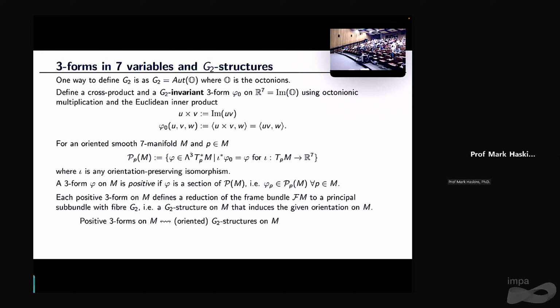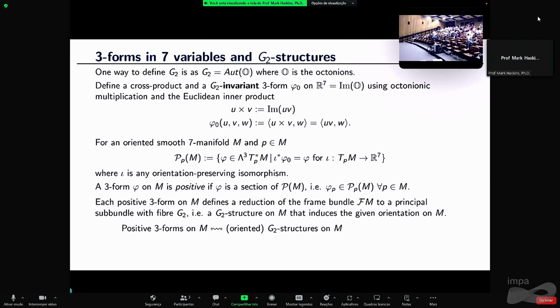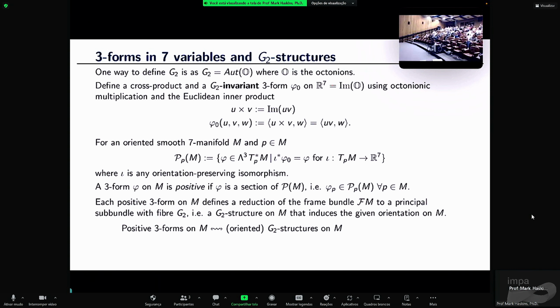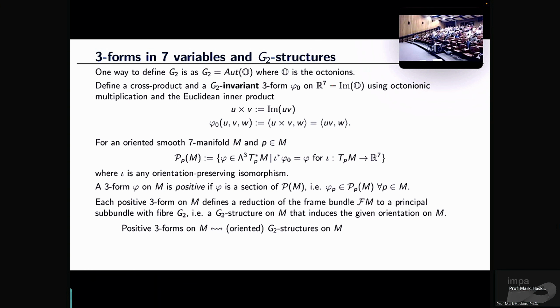If we think of G2 as the automorphisms of the octonions, then we can get a G2 invariant 3 form on the imaginary octonions, just as we do out of the imaginary quaternions by using octonionic multiplication and the Euclidean inner product. So we take the cross product as the imaginary part of the octonionic product, and then to get a 3 form, we take the dot product of a third vector w with the cross product of u and v.